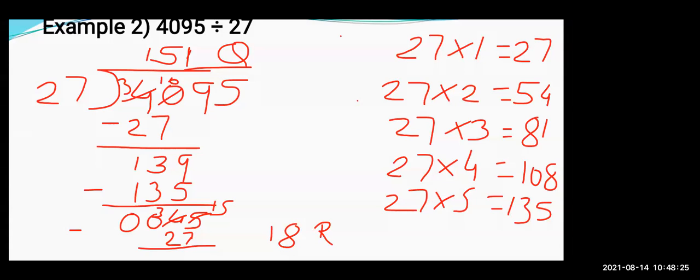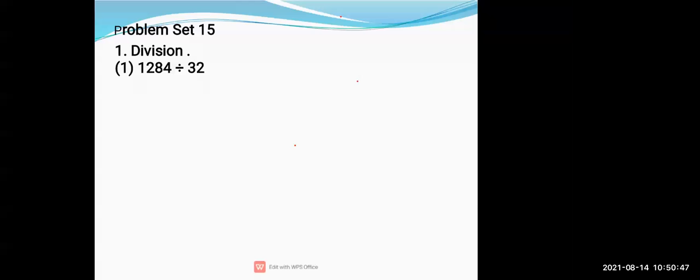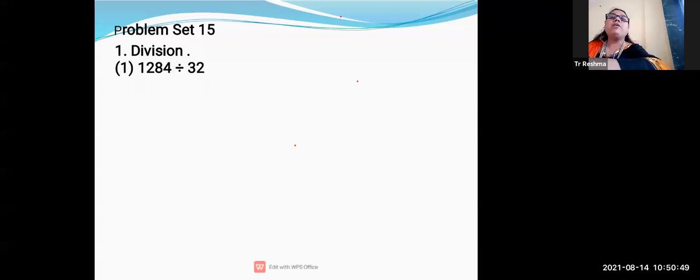Okay. Now, chalo, everyone copy down in your notebook. I'll give you 1 minute. Okay, now students, we are done with our division sum. Now we will start with our problem set 50.